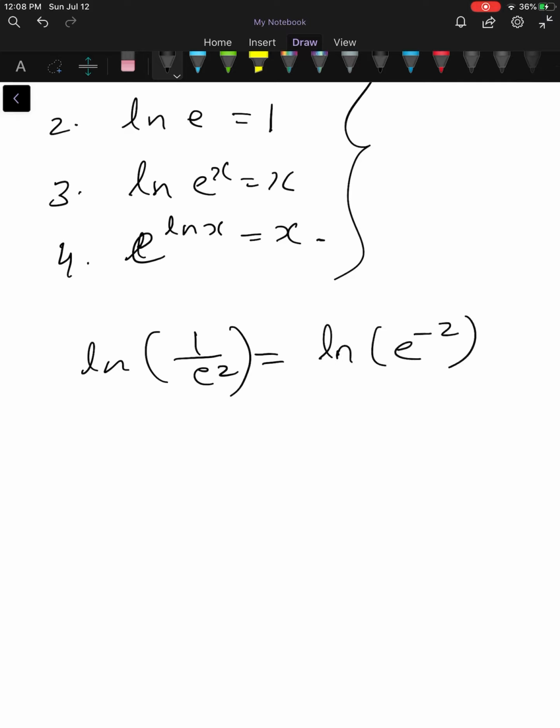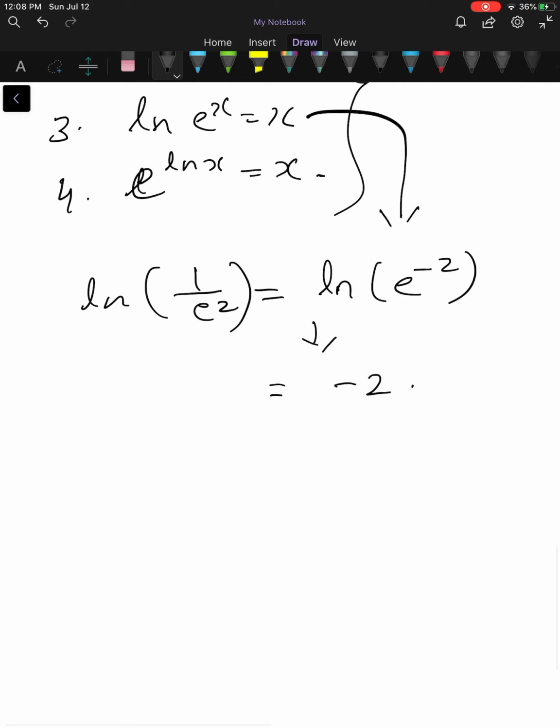This is nothing but ln of e to the power of minus 2. If you apply property number 3, ln e to the power x is x itself. Therefore the answer is -2, using the properties of the natural logarithm.